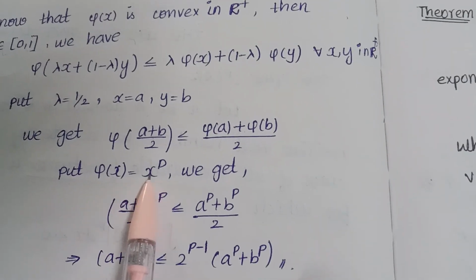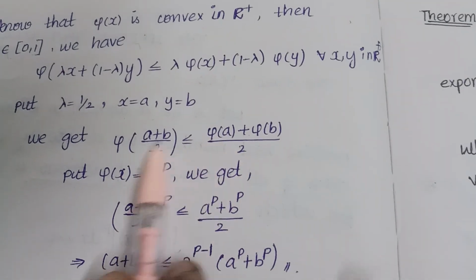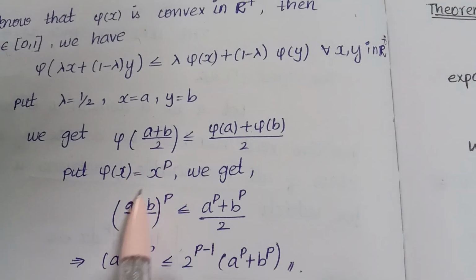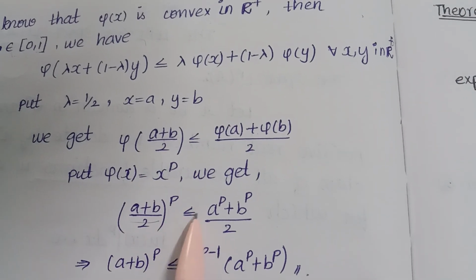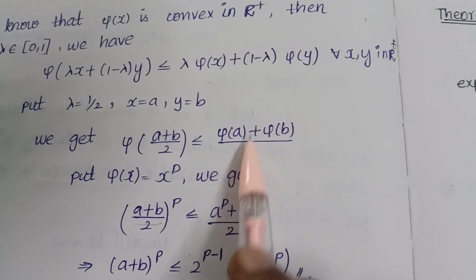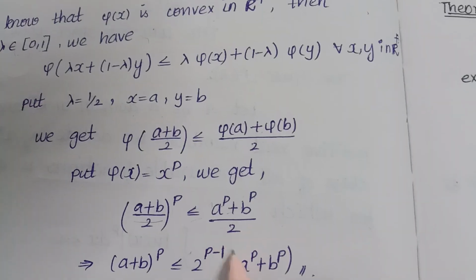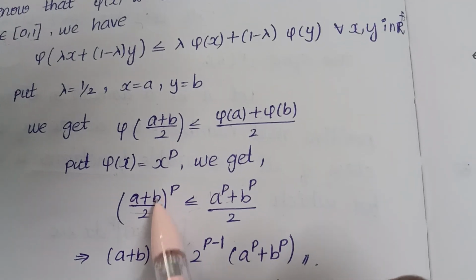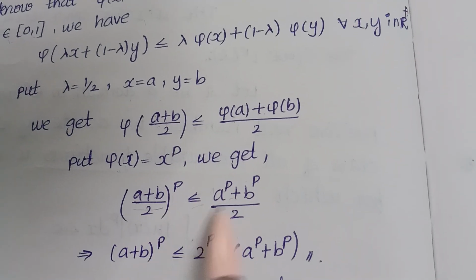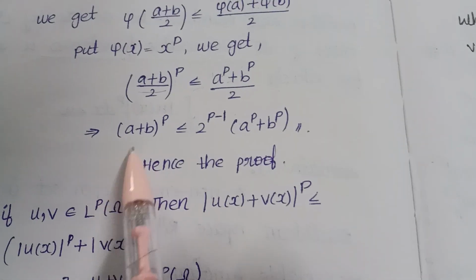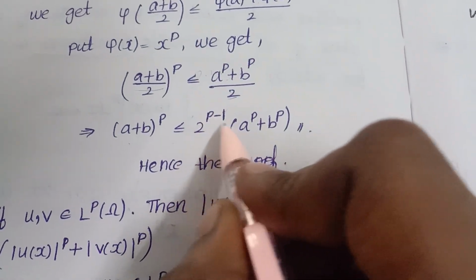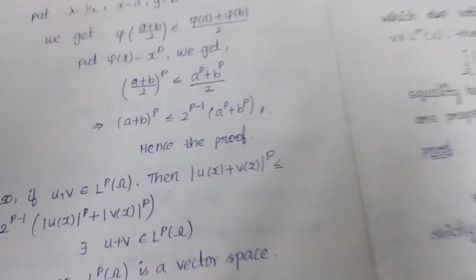The function phi(x) is x^p, so here ((a + b)/2)^p is less than or equal to (a^p + b^p)/2. So (a + b)^p divided by 2^p is less than or equal to (a^p + b^p)/2. Moving the 2^p across, it is (a + b)^p less than or equal to 2^(p-1)(a^p + b^p). Hence the proof.